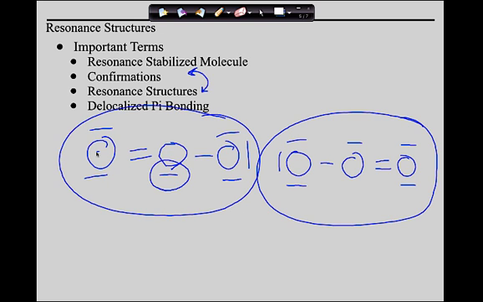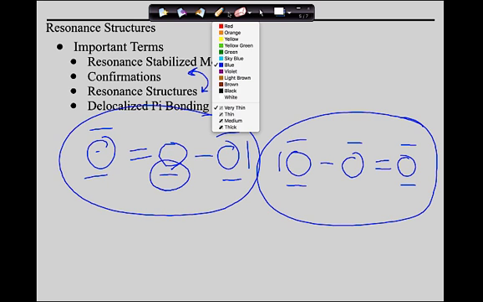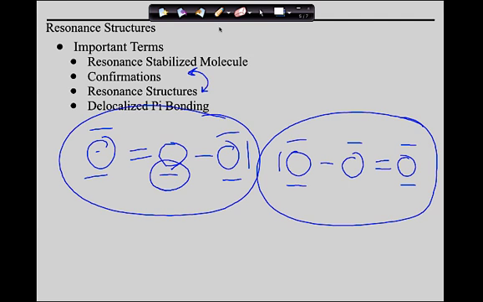Oh, yeah. Okay, so again, don't ever draw it this way. But really what we've got, if you want to try to draw the overall structure, you would have a partial bond like this, a partial bond like this, and then this electron here would partially exist on this oxygen and partially exist on this oxygen.